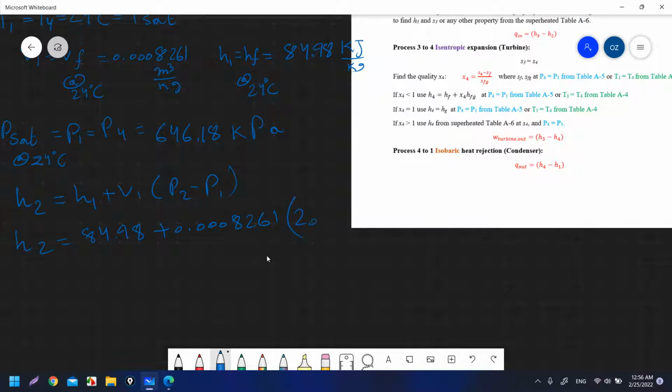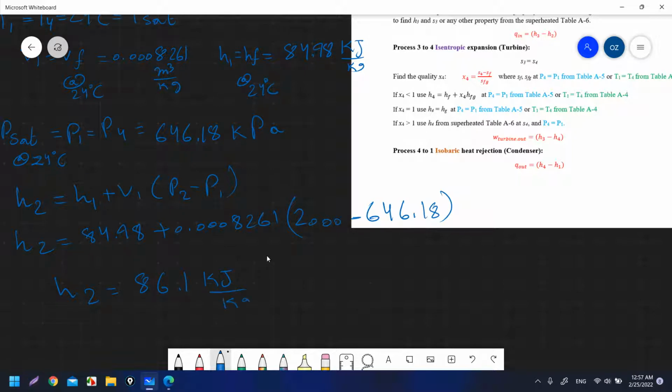So 2000 kilopascal minus P1. P1 is 646.18, and this will give us that H2 is equal to 86.1 kilojoule per kilogram.